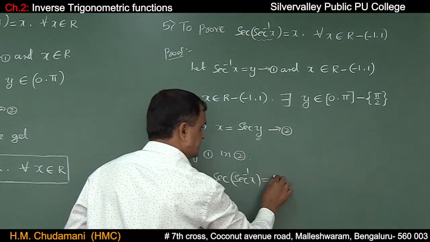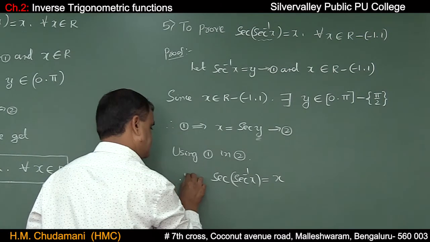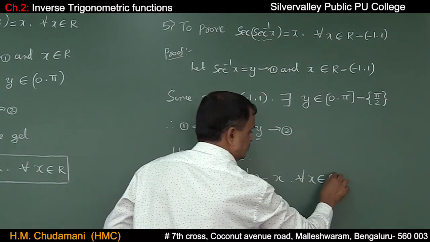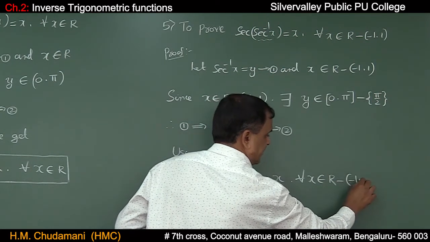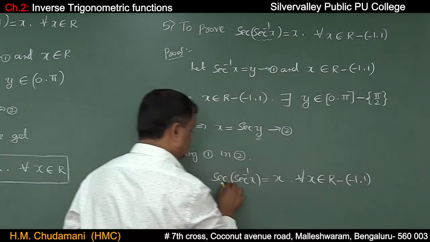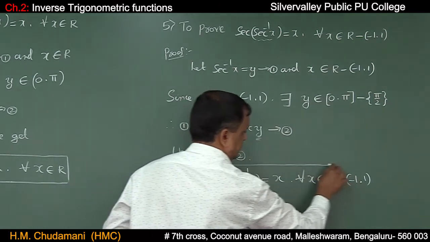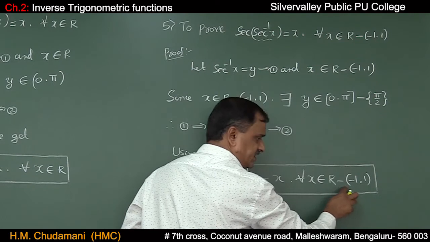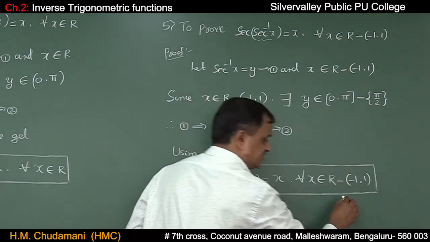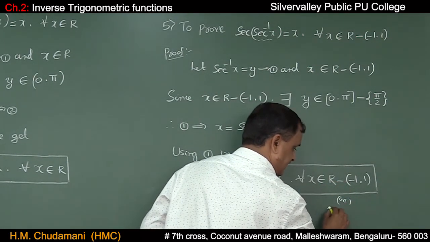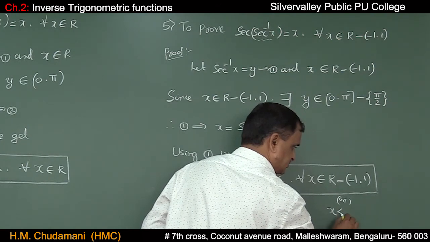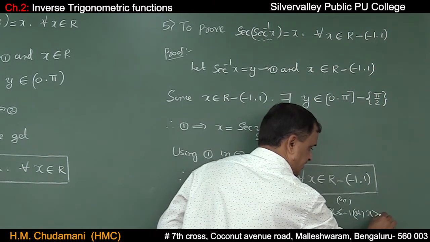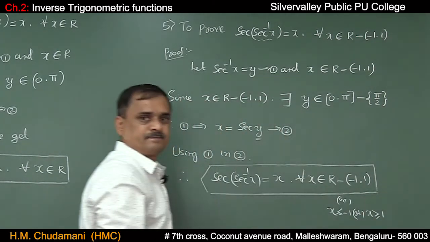Secant of secant inverse x is equal to x, for all x belongs to the real numbers except minus 1 comma plus 1. Instead of writing x belongs to real numbers except minus 1 comma plus 1, we can write x less or equal to minus 1 or x greater or equal to plus 1.